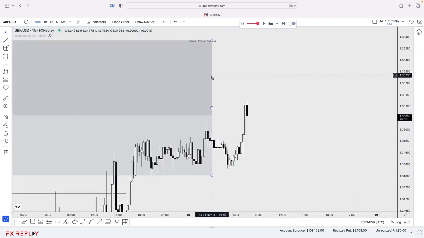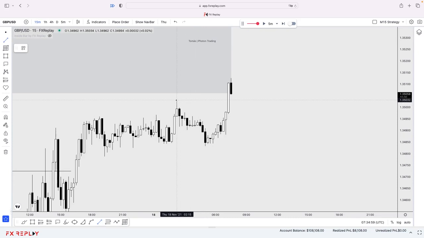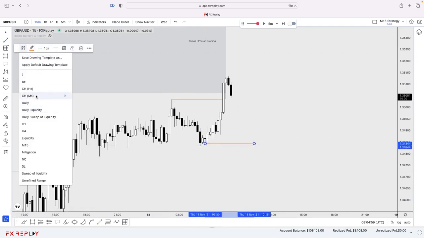So now price mitigated the H1 POI, I can be on M15 straight away. So we have the fake break. Here was the chalk, and here was the fake break. So let's continue. This is the chalk here. This is the change of character.